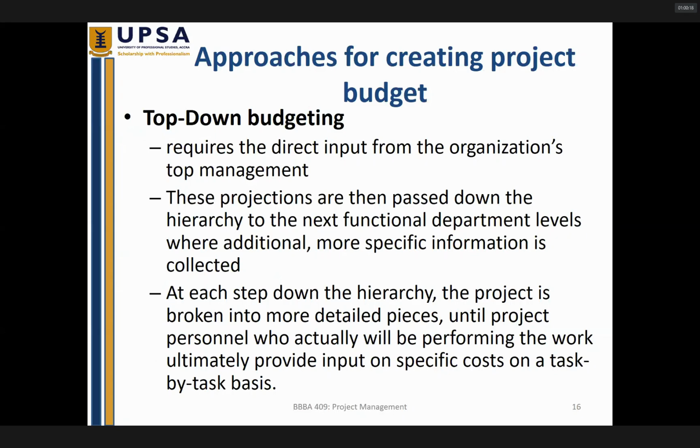Then they pass that projection down to the functional heads or functional managers, and they also make input into that. This activity, we can do this. We'll spend this. They further define or build on what the top-level management has done.